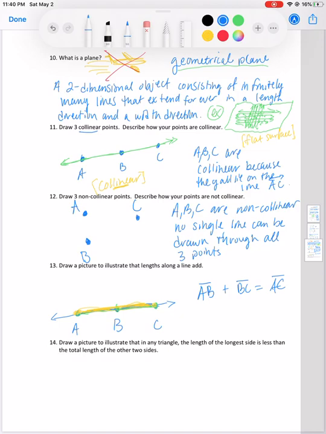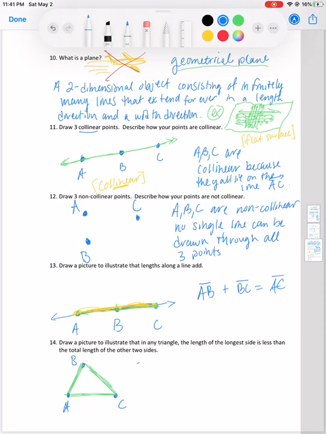Last one, draw a picture to illustrate that in any triangle, the length of the longest side is less than the total length of the other 2 sides. Okay. So we're going to draw a triangle here, and you can do this by finding non-collinear points. Okay, if you're connecting 3 non-collinear points, we will have a triangle. Okay, so connect that to that, that to that, that to that, and a triangle. We'll talk more about triangles in another section.